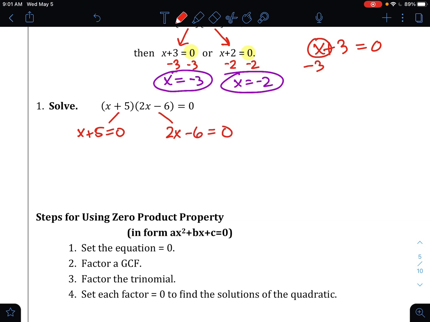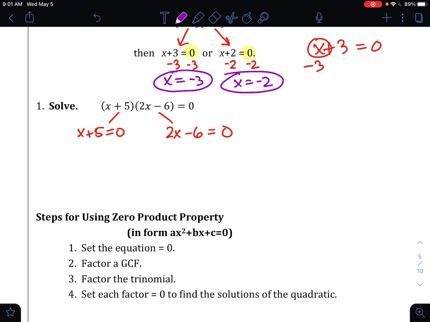Because ultimately what I'm saying is, what does this number have to be to make this parenthesis add up to 0? You probably can look at that and say, well, that's got to be negative 5 right there. This one might require a little bit of thought because I have to take a number, multiply by 2, and then take away 6 to get it to equal 0. So that's why we generally just branch into these two equations.